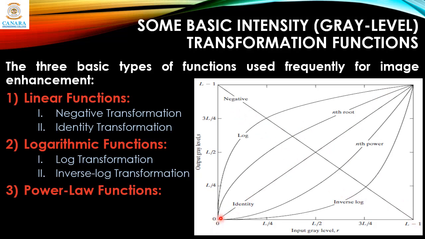Identity is basically input equal to output, and a unit increase in input will result in a unit increase in output. Negative transformation does the opposite. Whatever pixel value we have in the input image will be inverted. Maximum will become minimum, minimum will become maximum. So this is the negative transformation.